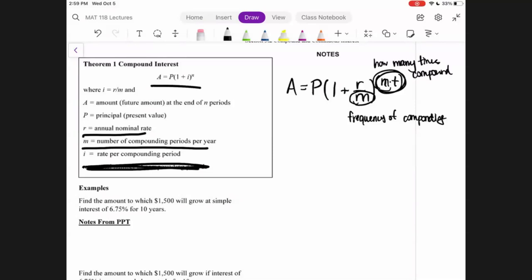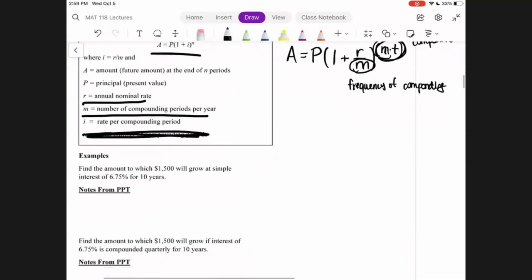Okay. So for this first one here, find the amount to which 15,000 will grow at simple interest of this rate for 10 years. Remember, simple interest we kind of did last time. So that would be 15,000 times 1 plus your rate, and then raised to the 10. Remember, simple is just very simple. The formula is straightforward.